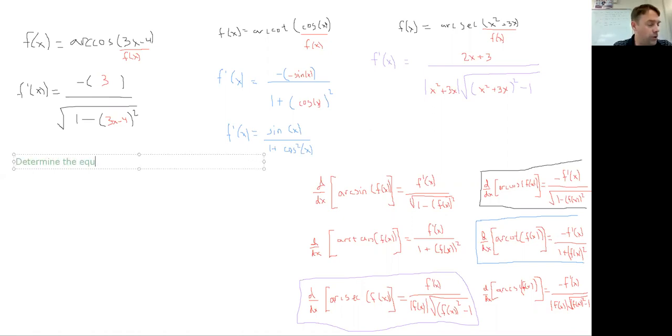Determine the equation of the tangent line to f of x equals arcsine of x minus 2 plus 3 when x equals 2.